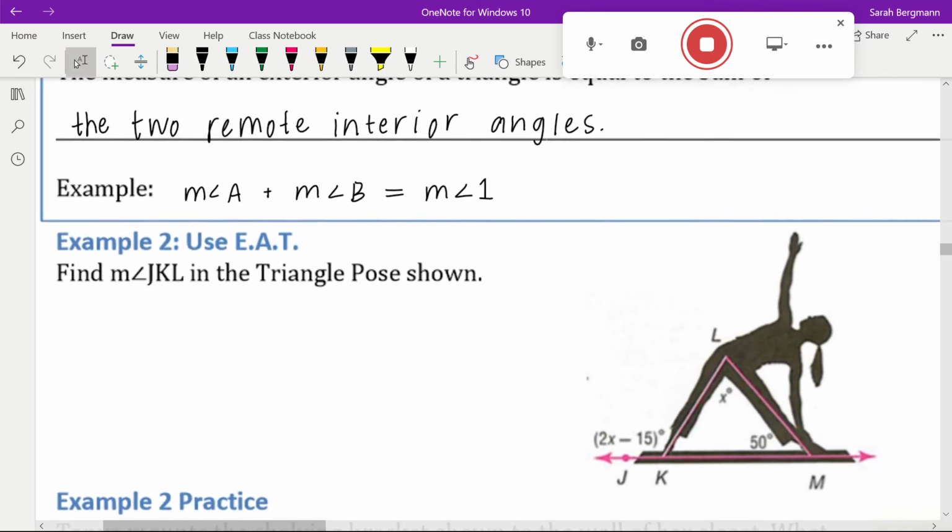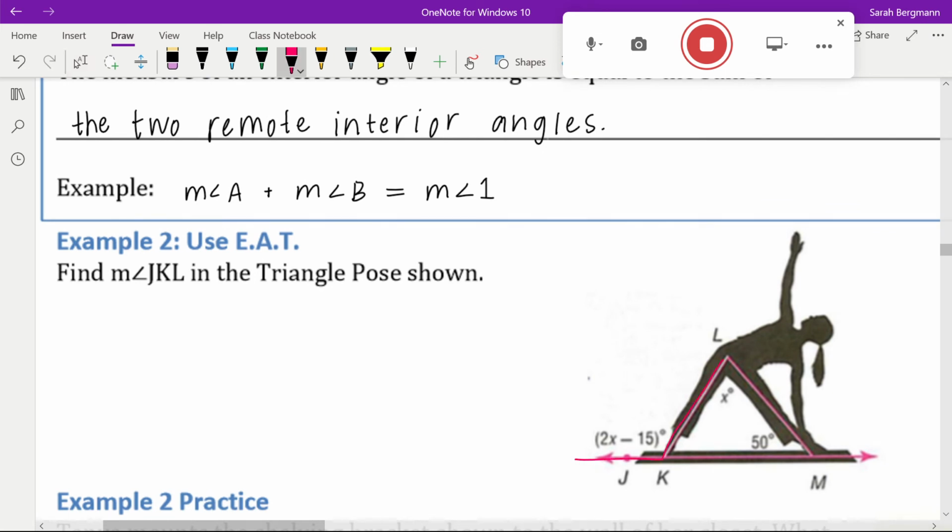Let's do a practice problem together. It says, find the measure of angle JKL in the triangle pose shown. With this girl doing yoga, I see that angle KLM, this angle here, and angle LMK, this angle here, are the remote interior angles for angle JKL.